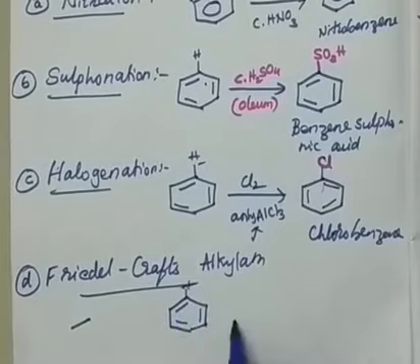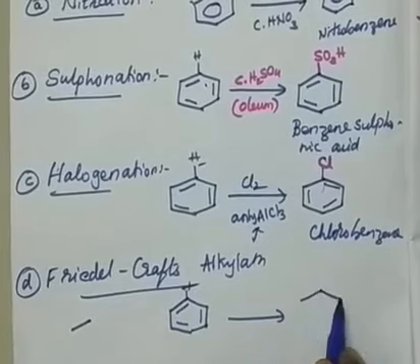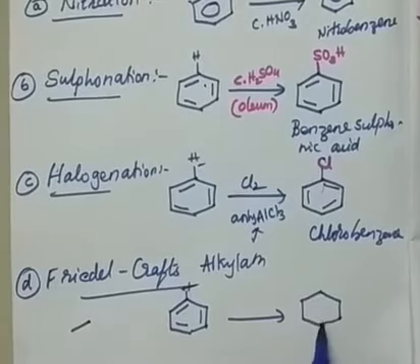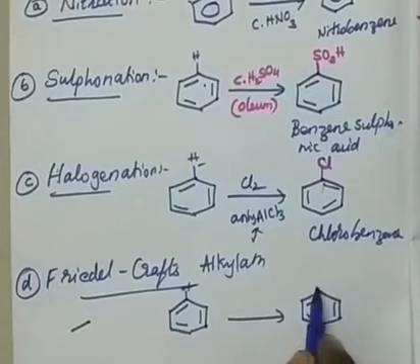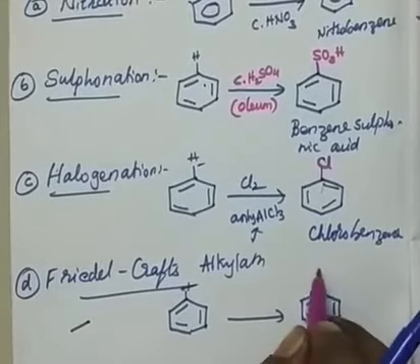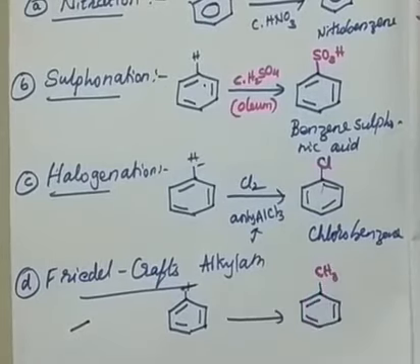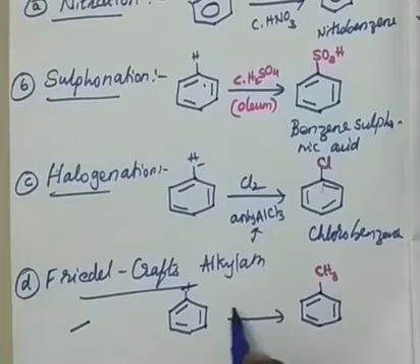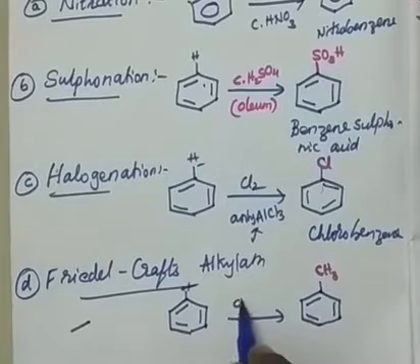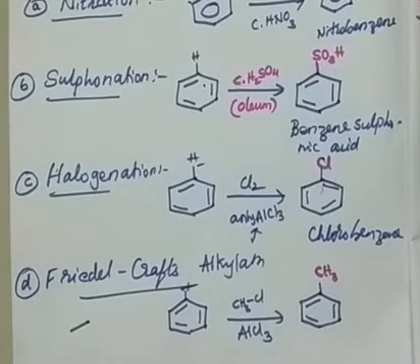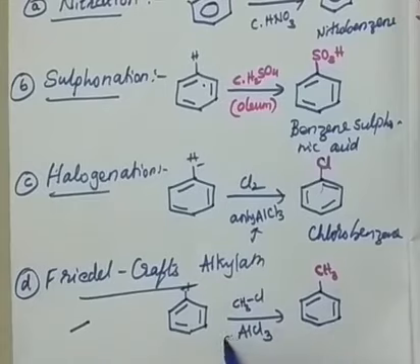So this is your hydrogen, and this hydrogen is being replaced with the alkyl group. May I replace it with the CH3 group? And how is it being replaced? Again, I can take any alkyl halide. May I take CH3Cl, again in the presence of the same catalyst, anhydrous AlCl3.